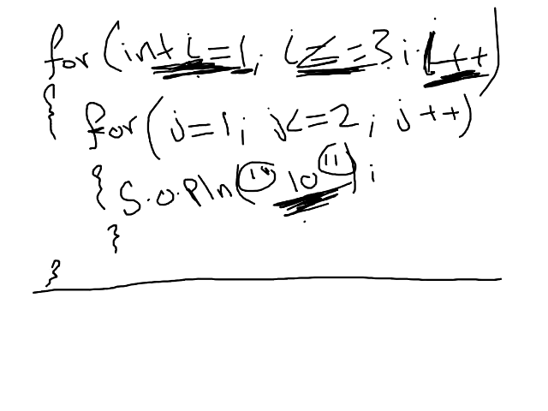Okay, think about it. How many times is this gonna run? Think about how many times this is gonna run. 3 times, okay? Because we're saying that I is from 1 to 3. So it's gonna run when I is 1, then when it's 2, then when it's 3.